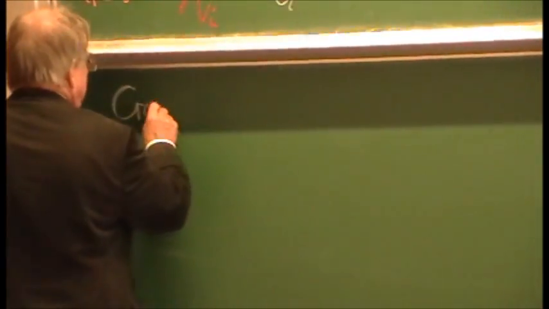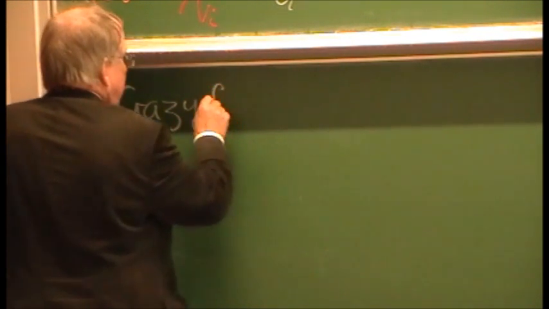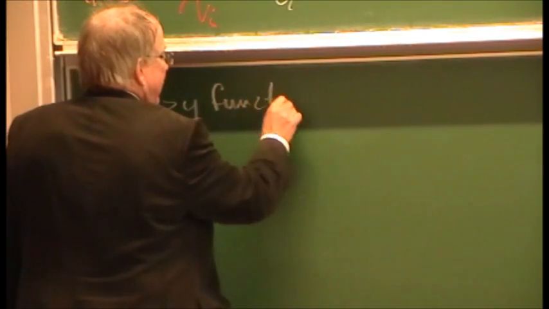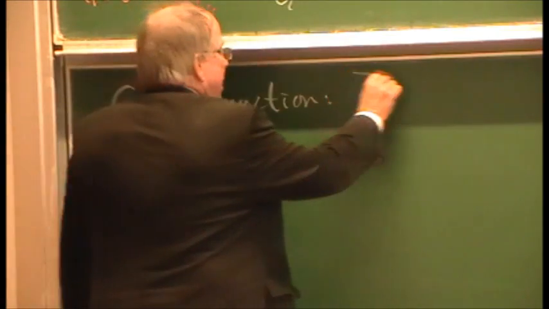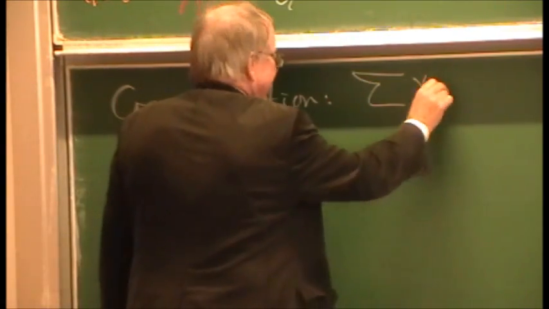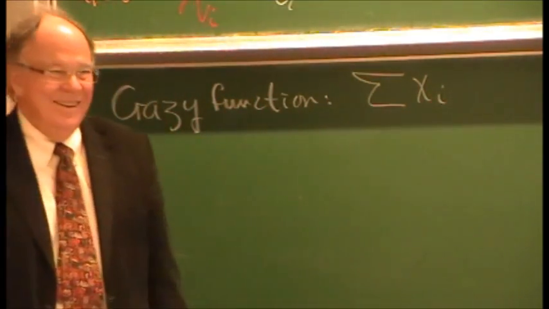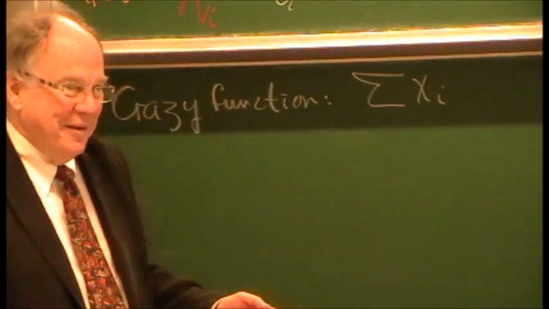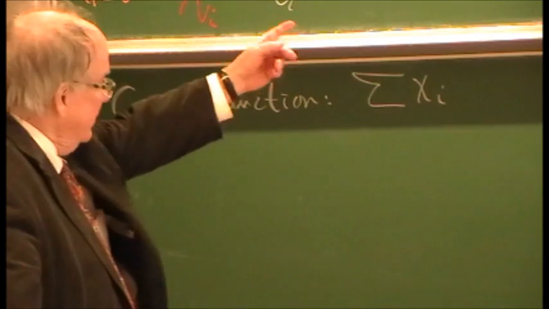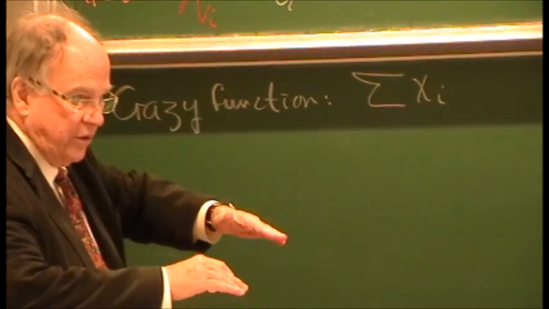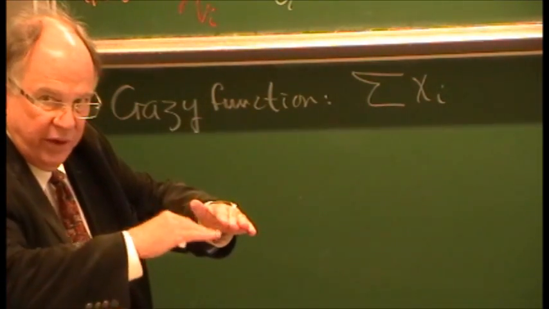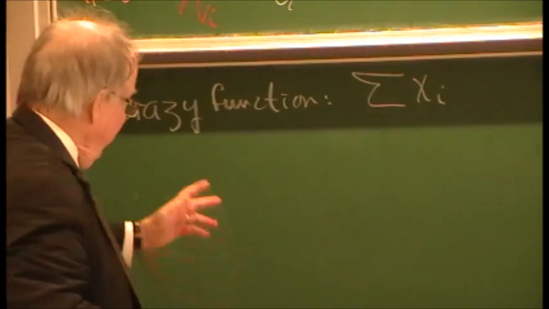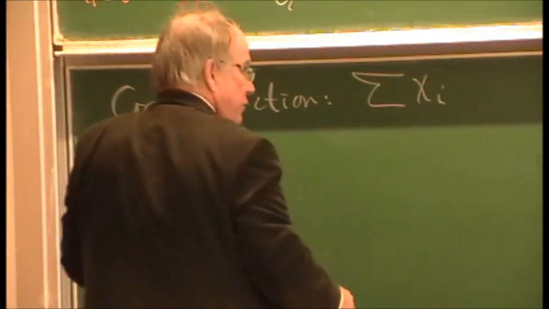You make some crazy function. Namely, you add up all the chi_i's. You add them all up. Okay? Now notice, that's finite because its covering has been assumed to be locally finite. So every point is only contained in finitely many sets. It's finite, so there's no question of convergence here.